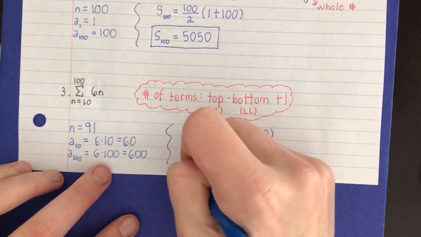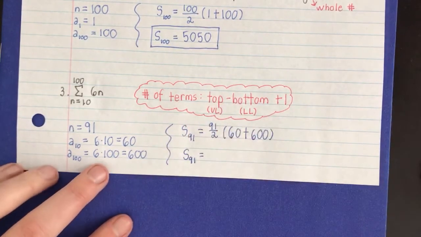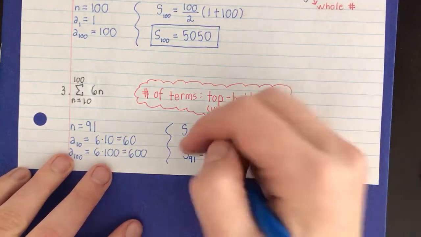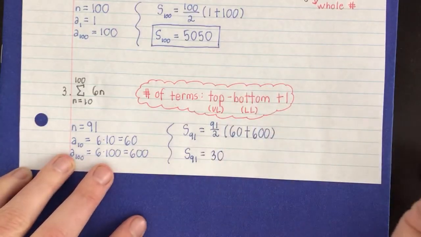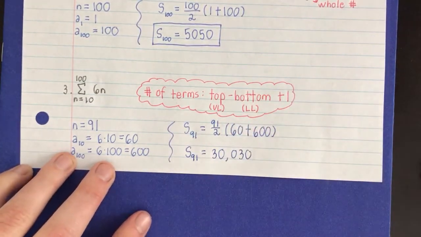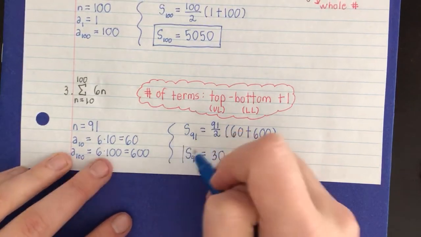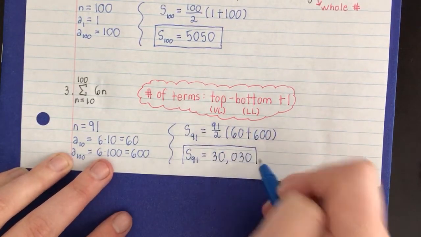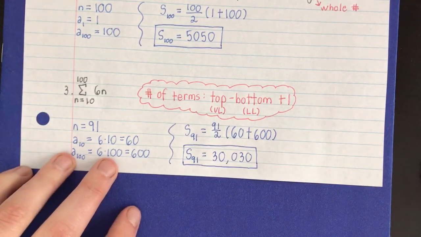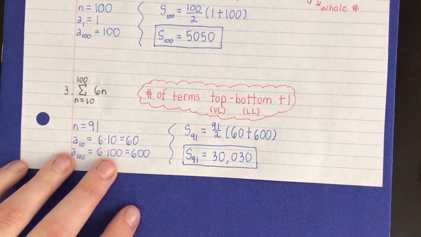So S sub 91, check in your calculator that when you're performing this math that you're getting the same answer as I am, just to make sure you know how to use that scientific calculator for this lesson. Okay, so our final answer is 30,030.